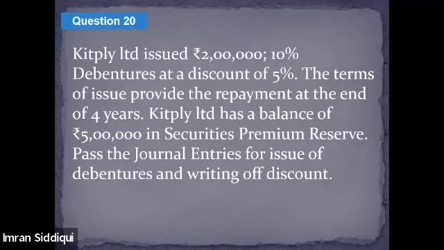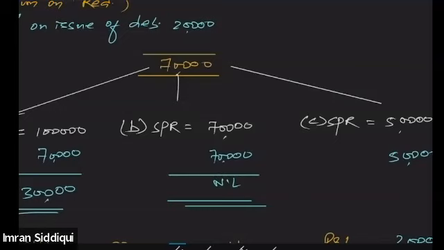Ply Limited has a balance of 5 lakh in securities premium reserve. Pass the journal entries for issue of debenture and also writing off of discount. I hope the question is clear to you. Yes, sir. Okay, so let's start with the solution of this question.